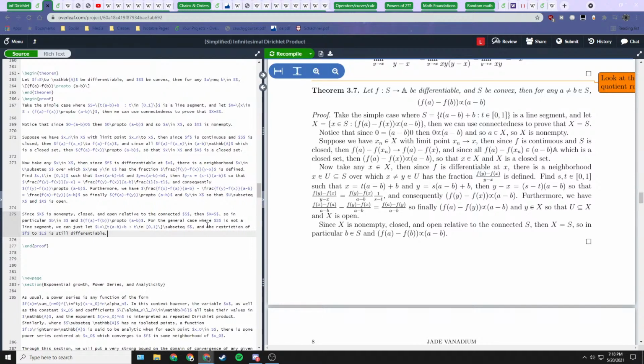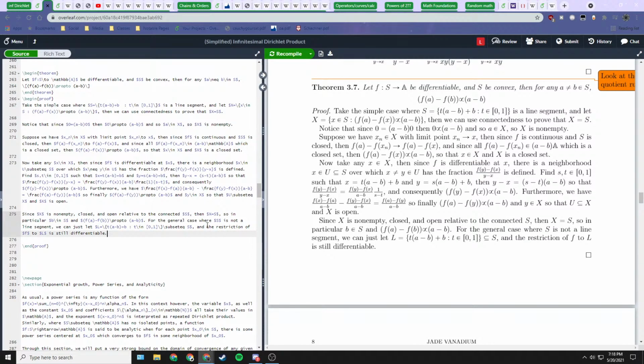So in the case that we don't have a line segment as our domain, we can just let L be this subset, and the restriction of F to L is still differentiable. The above proof still applies.